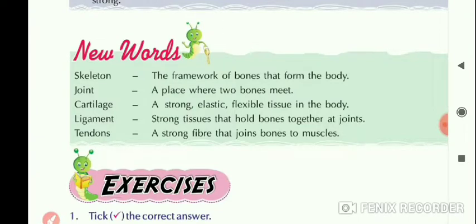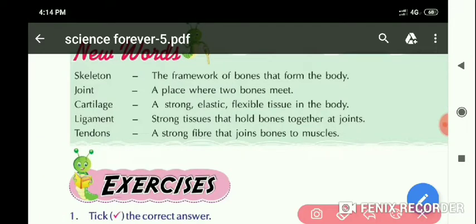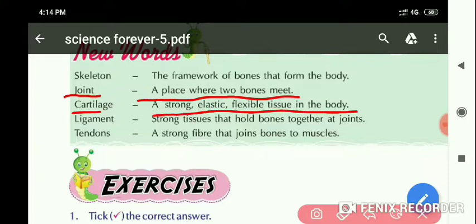Okay, first is joint. You have to write down first joint, a place where two bones meet. This is first part. And then cartilage, a strong elastic flexible tissue in the body. This is cartilage. This is answer number D.